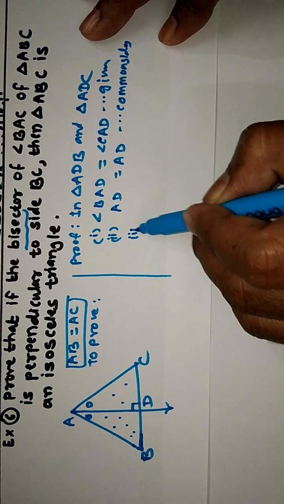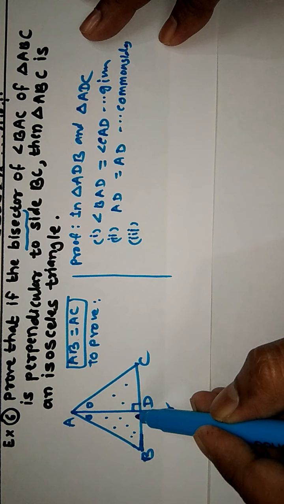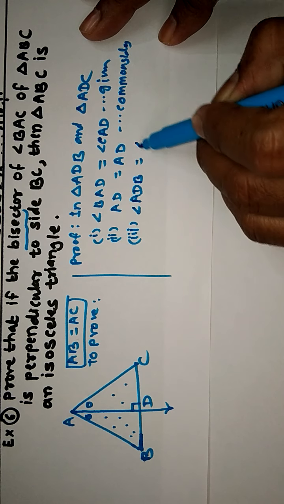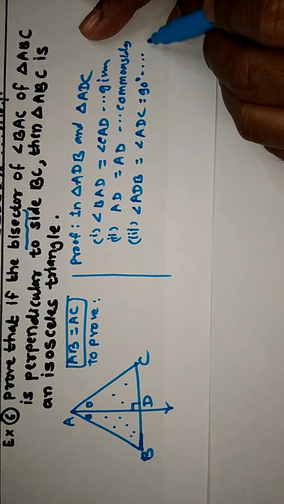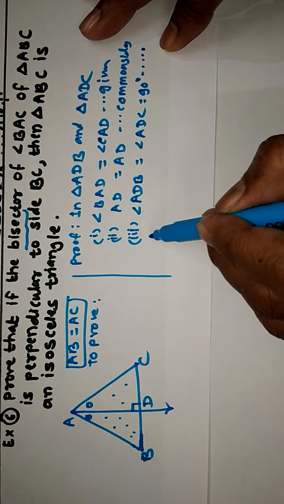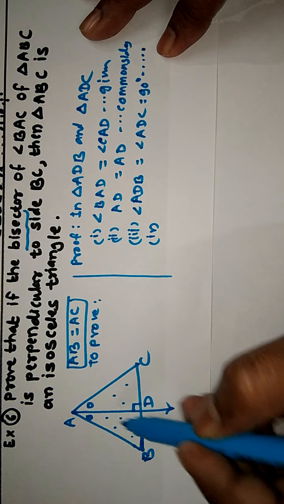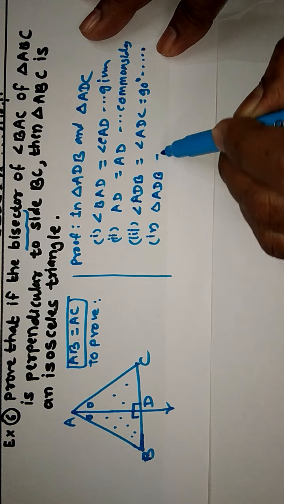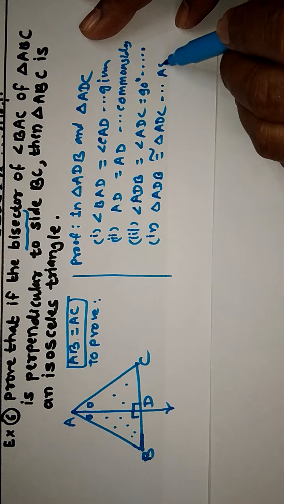Third, angle ADB is congruent to angle ADC, each has 90 degree measure. Therefore triangle ADB is congruent to triangle ADC by the test ASA.